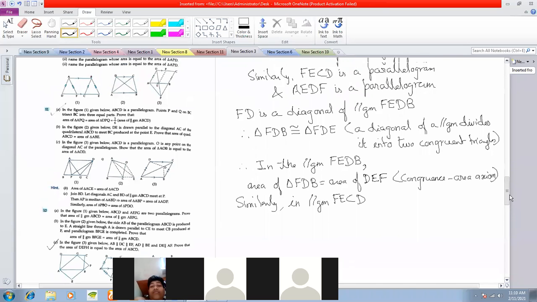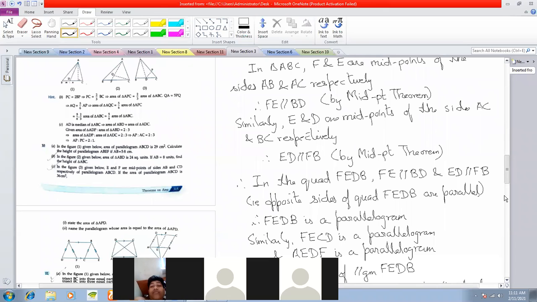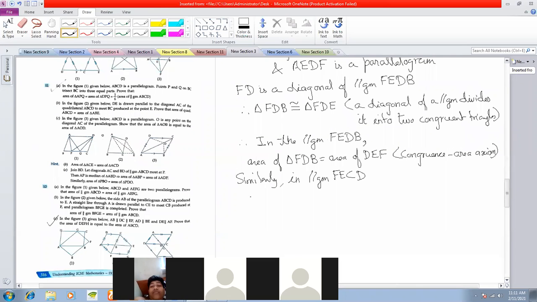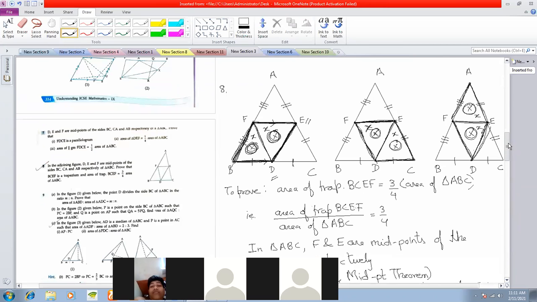In parallelogram FECD, what are the two triangles? DEF, this triangle, and DEC. Area of triangle DEF is equal to area of triangle DEC.